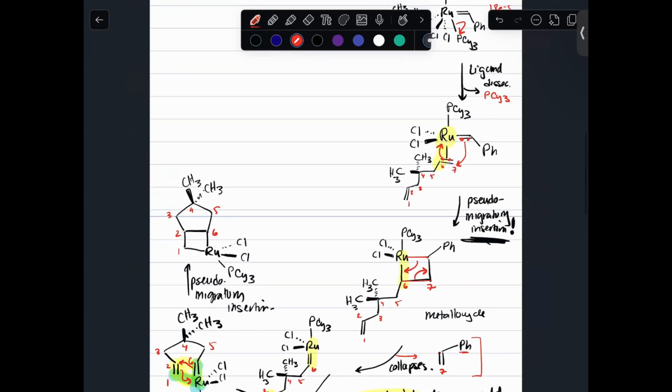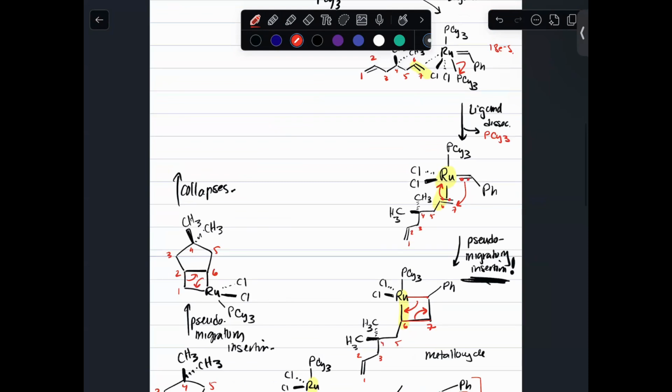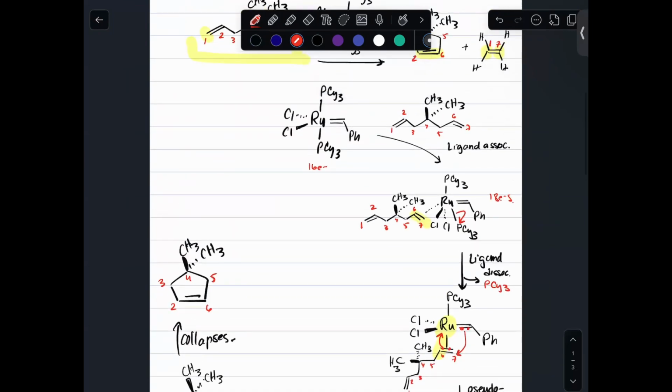Now that you've got your 4-membered ring, it collapses again. So the same steps, it collapses again. And once it collapses, notice that you're forming a double bond between 2 and 6, which is exactly the product that you want.